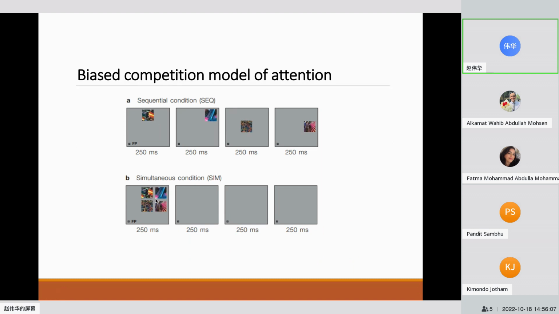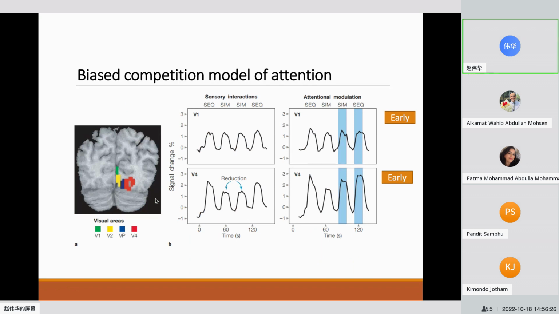During the attention condition, covert attention was directed to the stimulus close to the point of fixation, and the other stimuli were merely distractors. And here are the results.